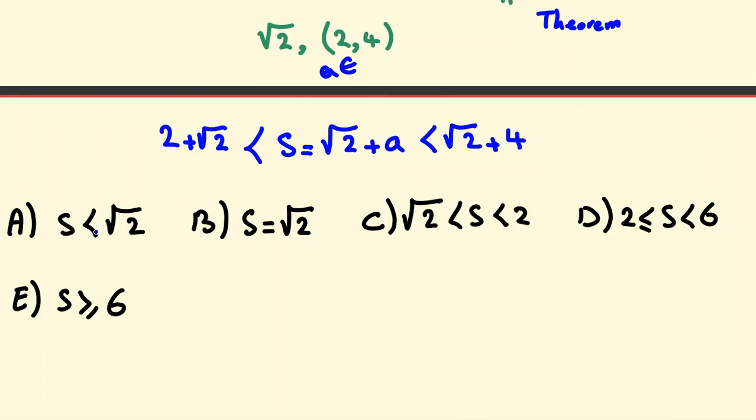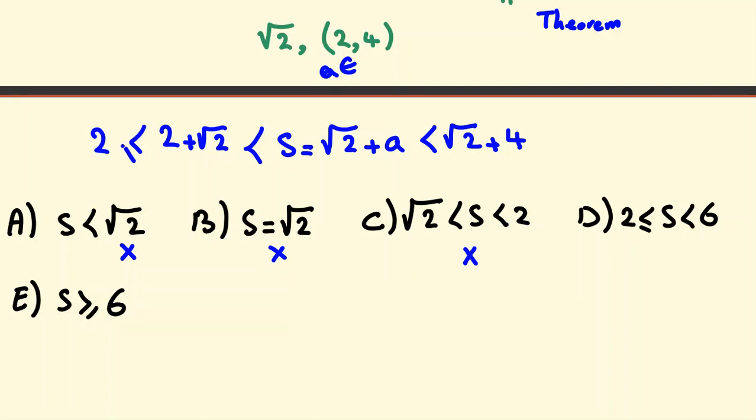If we consider the cases, S less than root 2 is wrong because S is greater than 2 plus root 2 and it is greater than this. S equal to root 2 obviously doesn't satisfy because root 2 is not greater than this. S less than 2, no, because S is greater than 2 plus root 2. S is greater than or equal to, yes, it is greater than or equal to.